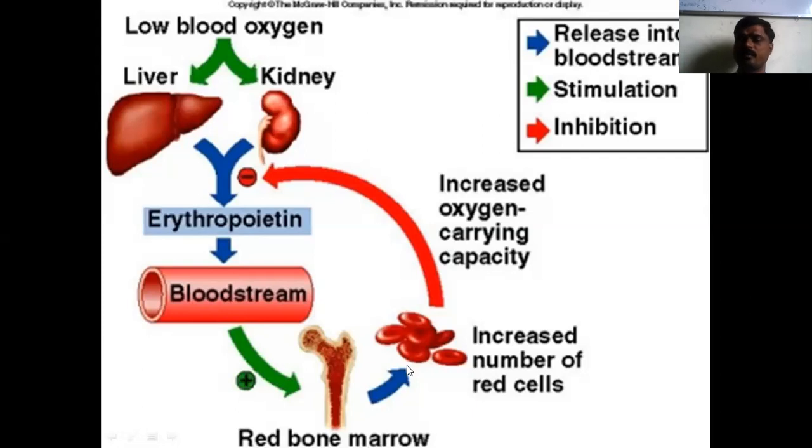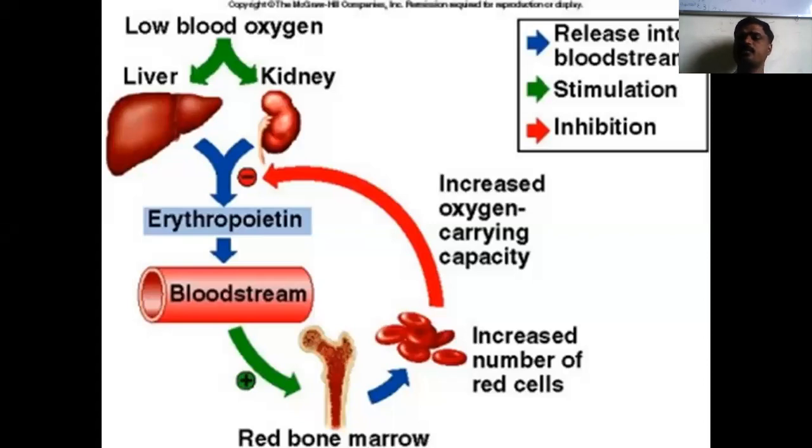They increase the oxygen carrying capacity and also carry nutrients, which is useful for oxidation of food and other purposes in our body. Then the negative feedback goes towards the liver and kidney and erythropoietin is stopped. So the RBC number is balanced in the liver, kidney, bloodstream as well as in the red bone marrow.